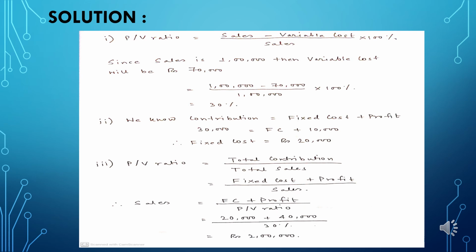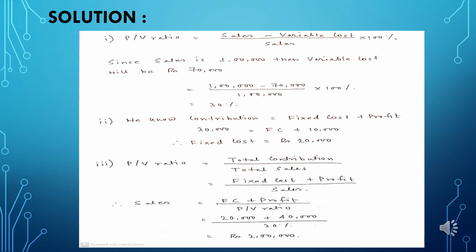Contribution can be subdivided into sales minus variable cost. So the PV ratio formula becomes sales minus variable cost divided by sales into 100%. So we get 1 lakh minus 70,000 divided by 1 lakh into 100%, which makes the PV ratio 30%.